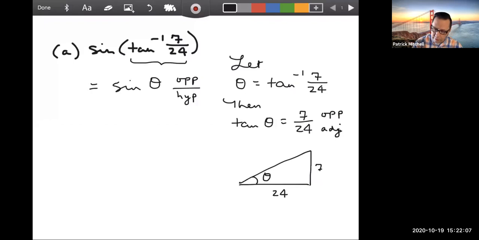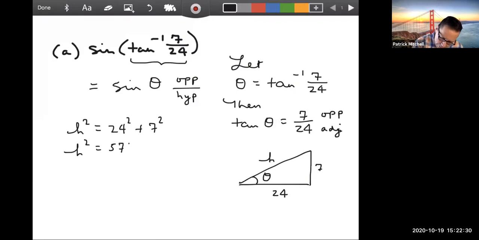Let's put an H here, and use the Pythagorean theorem: H squared is 24 squared plus 7 squared. 24 squared is 576, 7 squared is 49, and 576 plus 49 is exactly 625.